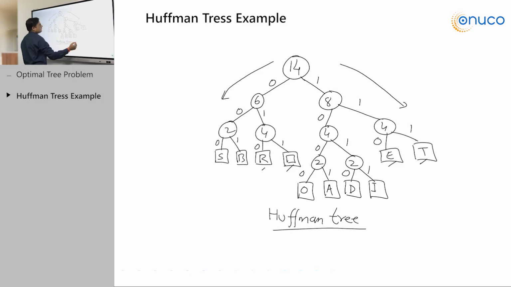If I ask what is the value of S, S is here, you read from here 0, 0, 0. So S can be denoted as 0, 0, 0. Read only the binary bits from root to leaf node. Similarly, B is 0, 0, 1.